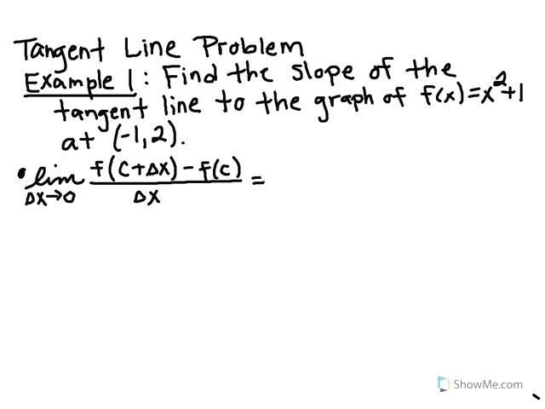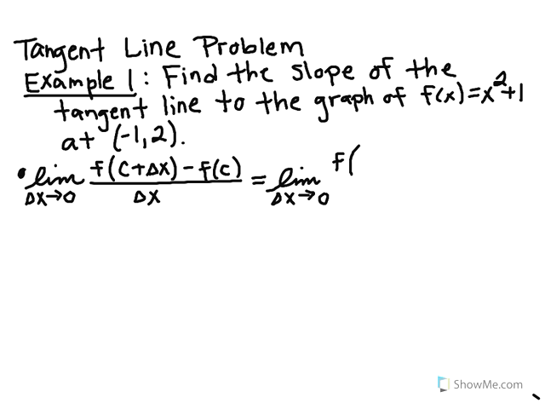Now, in order to do this, I have to understand what this is saying very carefully. I'm just going to rewrite the limit part right here, and it's delta x approaching 0. This very first part, f of c plus delta x, remember that just means y2. I don't know where y2 is, so I have to use this notation to help me.